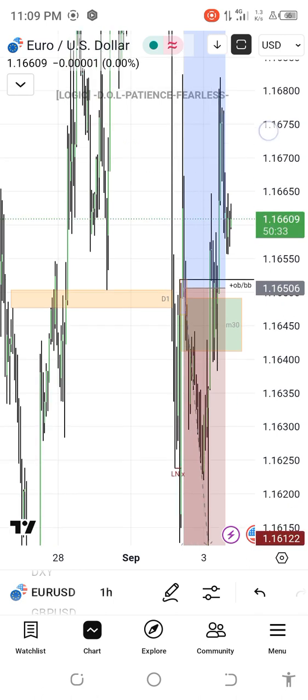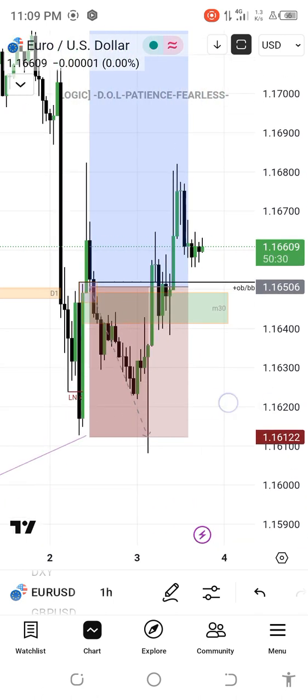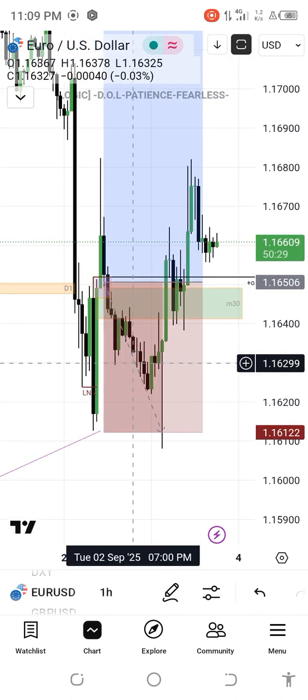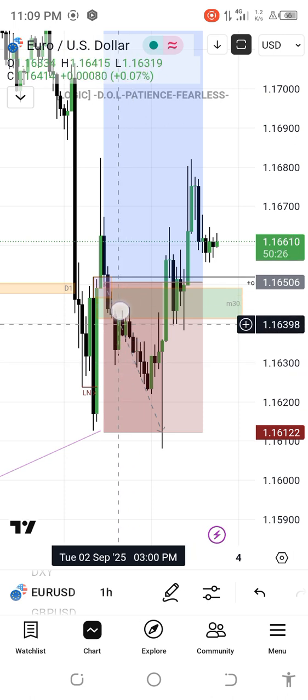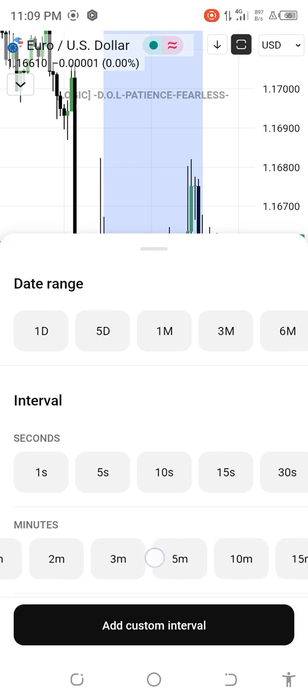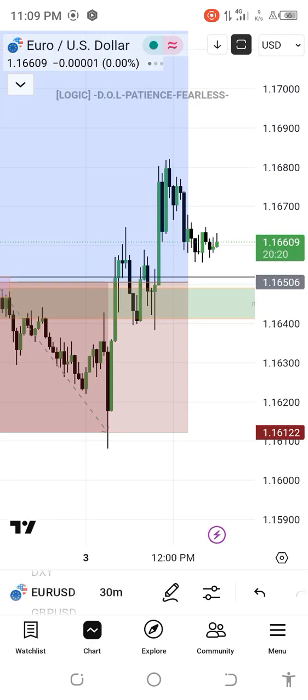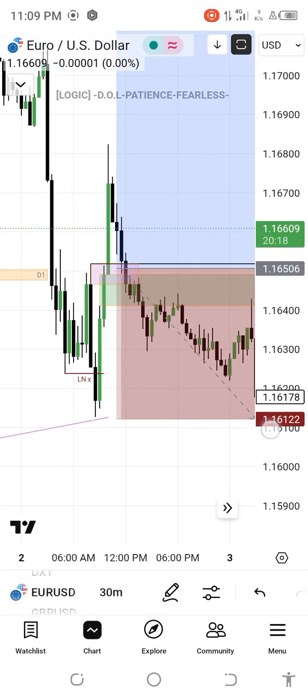So on the 1 hour time frame, it didn't give me exact. At the time, price was somewhere around here if you look at my vertical crosshairs there. So on the 30 minutes was where I saw something and where I made my entry that Tuesday.